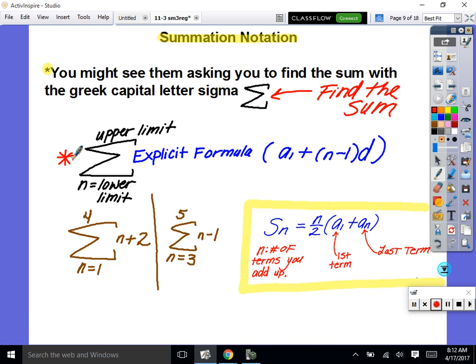In this example, this one's 5. Then right here is going to be the explicit formula. Remember what an explicit formula does. It allows you to find all terms in a sequence. And for arithmetic, it'll have this form. So there's going to be an explicit formula, which is what you plug in to find any term in a sequence. Correct, everybody? Okay, anybody confused?